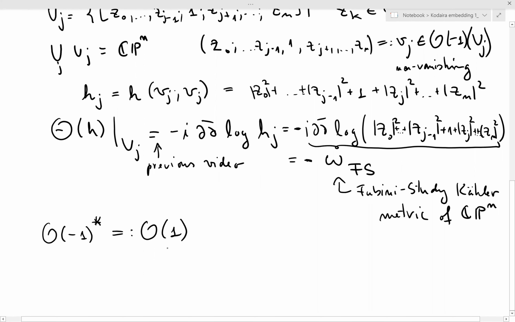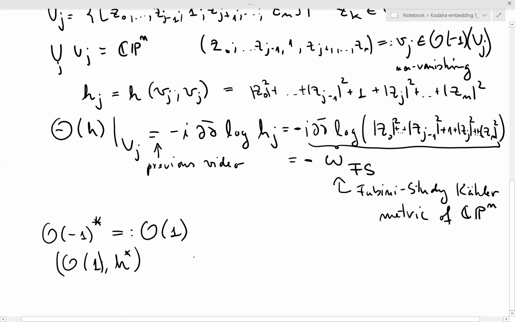Sometimes this is called Serre's twisting bundle, or the hyperplane bundle, and it has many other names as well. You can just think of it simply as the dual of the tautological bundle, and then you can take the dual Hermitian metric on it.